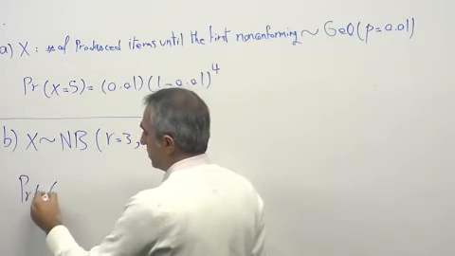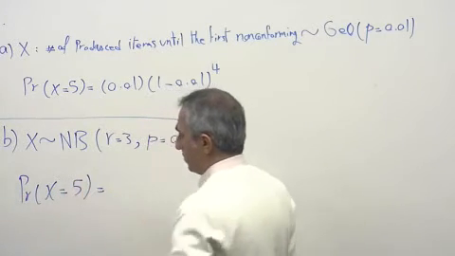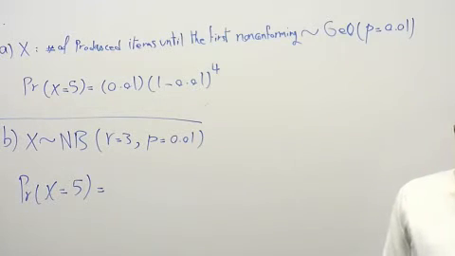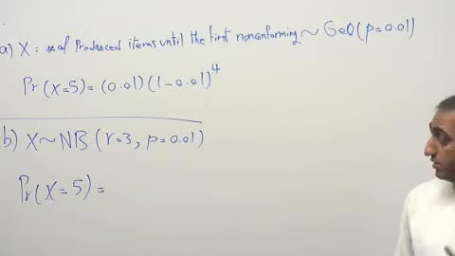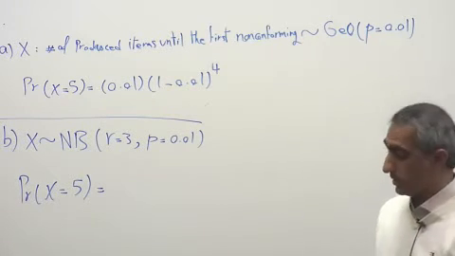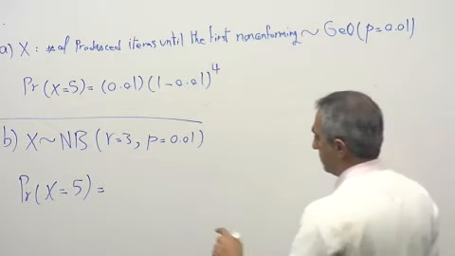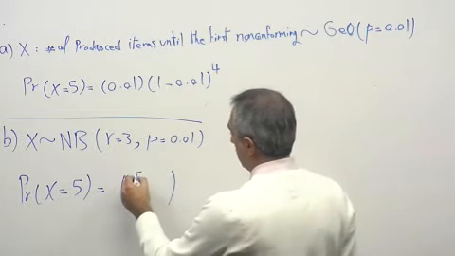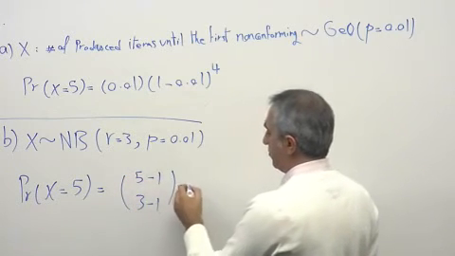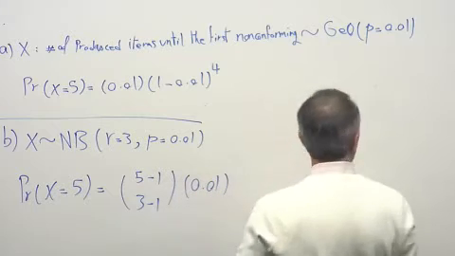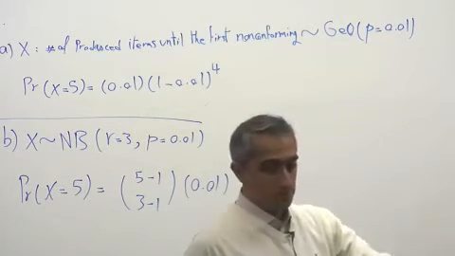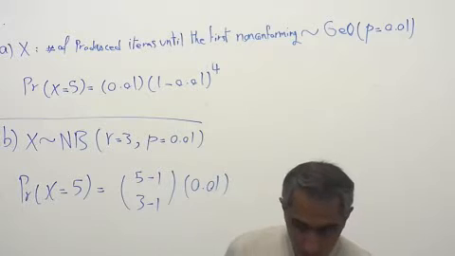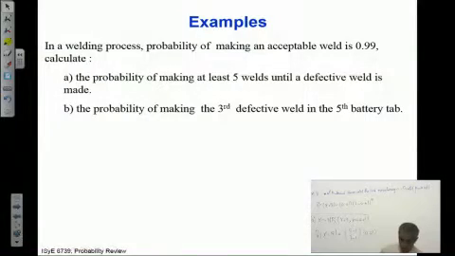So what is the probability of catching the third failed weld when we are producing the fifth weld? So basically X minus 1, R minus 1, the same equation. Let me just make sure that the numbers are right. Yes, the third defective weld, the fifth battery. Yep, that's correct.